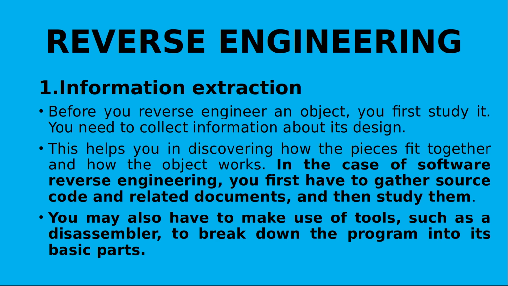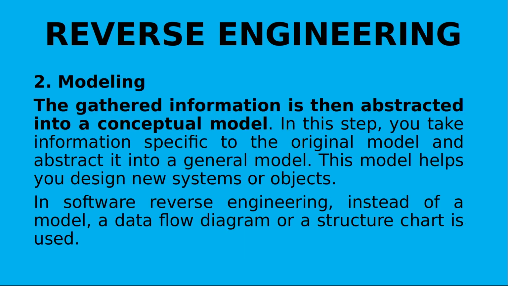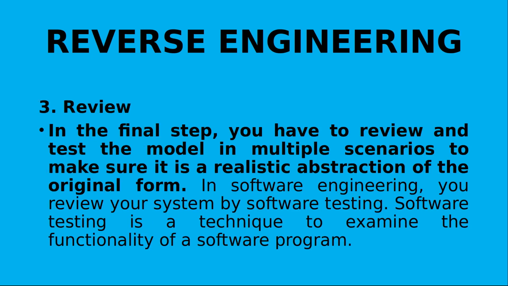Then, after getting the information, we use a disassembler to break the program into basic parts. Then the modeling: after getting the gathered information, we abstract it into a conceptual model, that means we give the design into the modeling. Then review: after the modeling or designing, we review the product and build the original form.